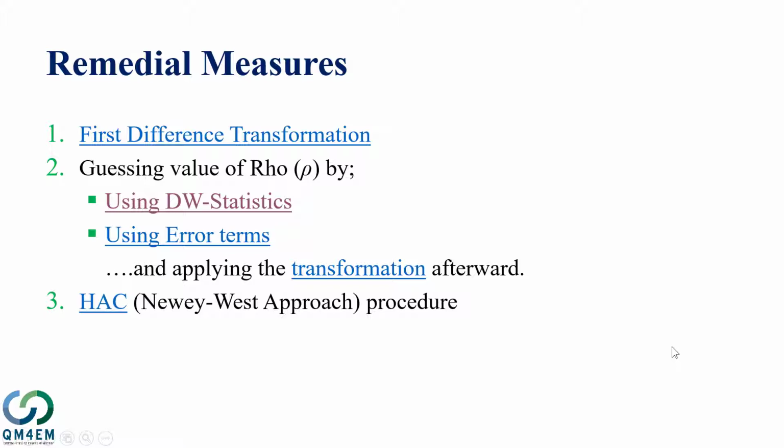Going back, the second way of getting the rho value is using the error term. I can also obtain the rho value from the error terms, and then use that for transformation as well.